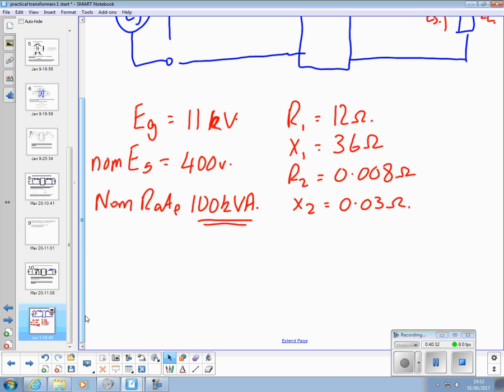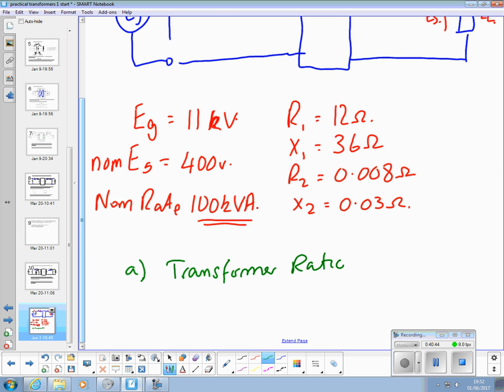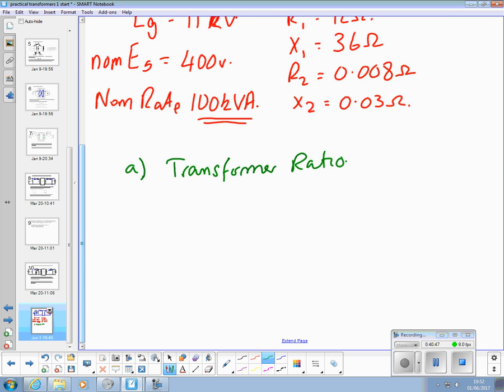We know that a is equal to N1 over N2, but we also know that N1 over N2 is equal to E1 over E2, or I2 over I1.